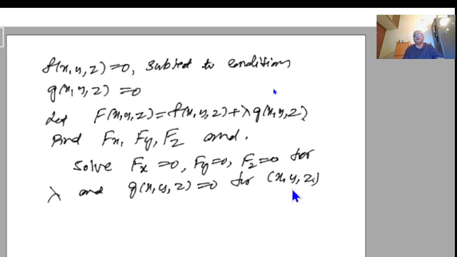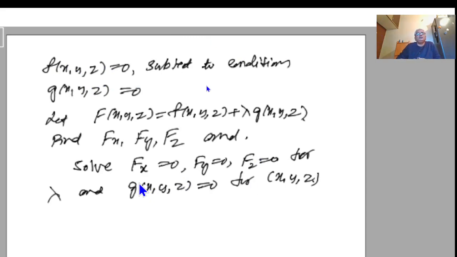So then we find a point. After finding this point, we find the maximum value or minimum value of the function, substituting it in this equation.